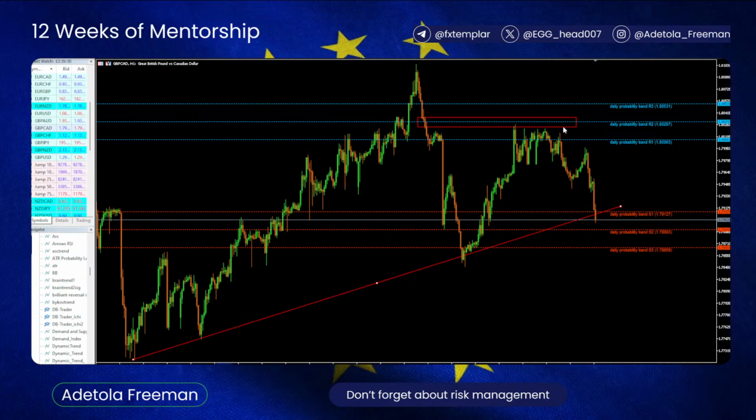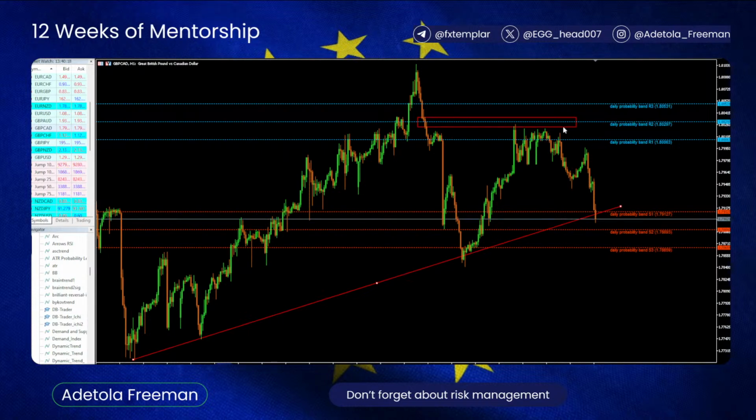Based on that, the ATR is then going to give us values for the pips that we can expect price to do today. Do you understand now? So the ATR probability levels tell us averagely where we expect price to react from, based on the average performance of price yesterday.